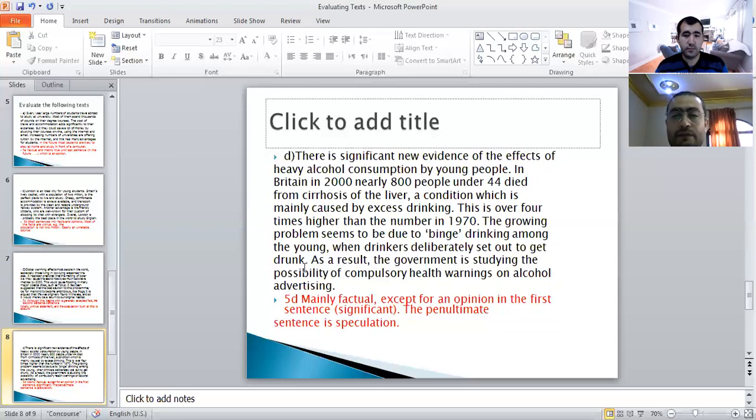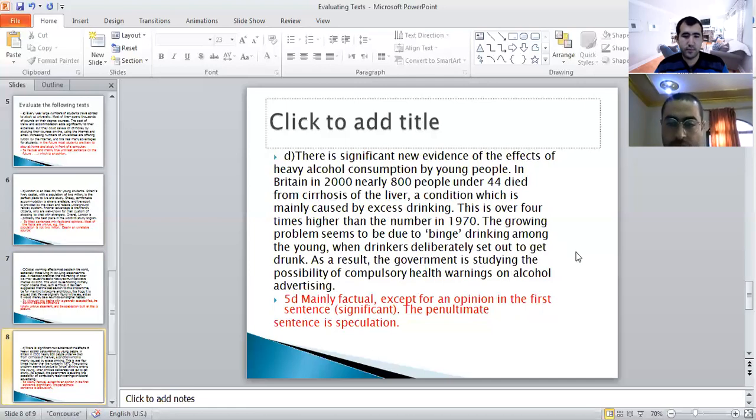This is over 4 times higher than the number in 1970. The growing problem seems to be due to binge drinking among the young, when drinkers deliberately set out to get drunk. As a result, the government is studying the possibility of compulsory health warnings on alcohol advertising.